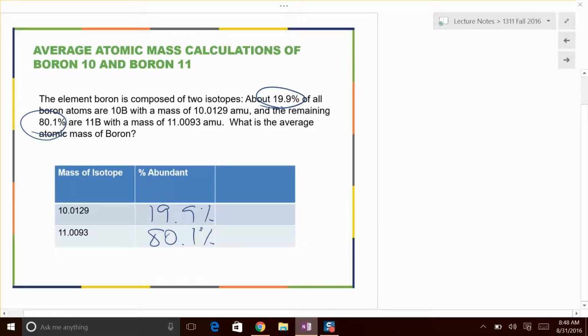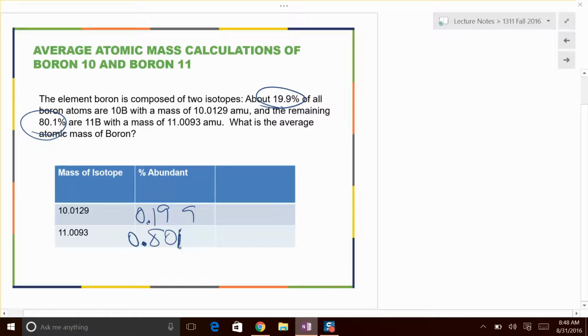You multiply by 100 to get to a percentage. So if I want to change it back, I have to divide by 100 and move the decimal place 2 places. 1, 2. So this is going to be 0.199, and this other one is going to be 0.801.